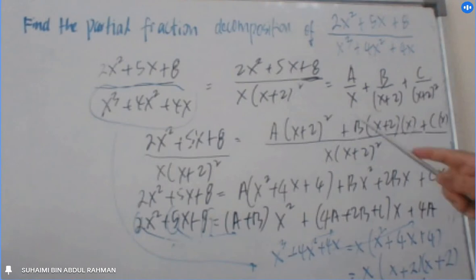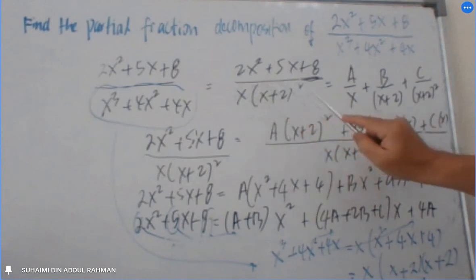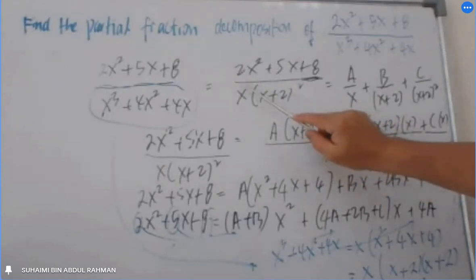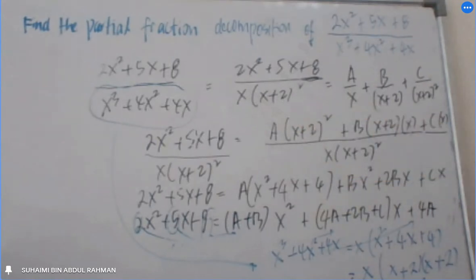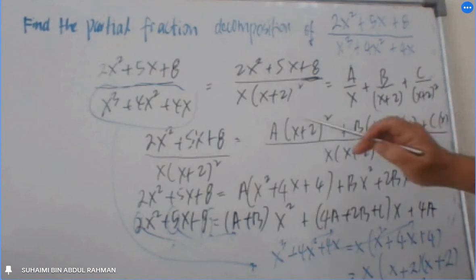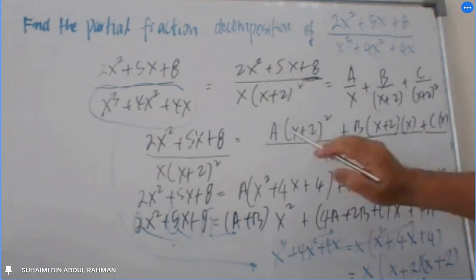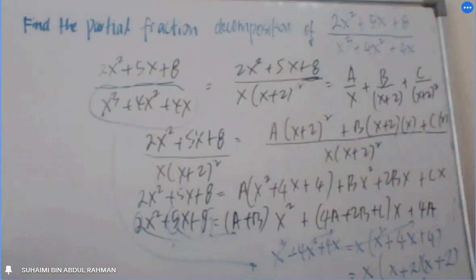Now, when we look at these factors, how many factors do we have? 3, sir. 3 factors. But when we talk about types of factors, how many types do we have? 2 types only.